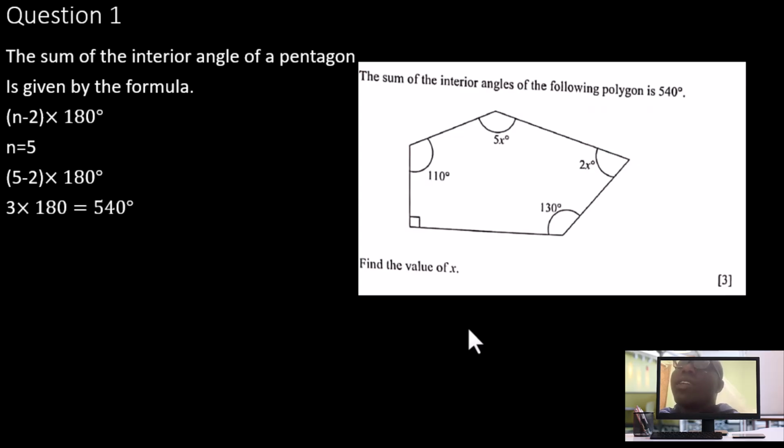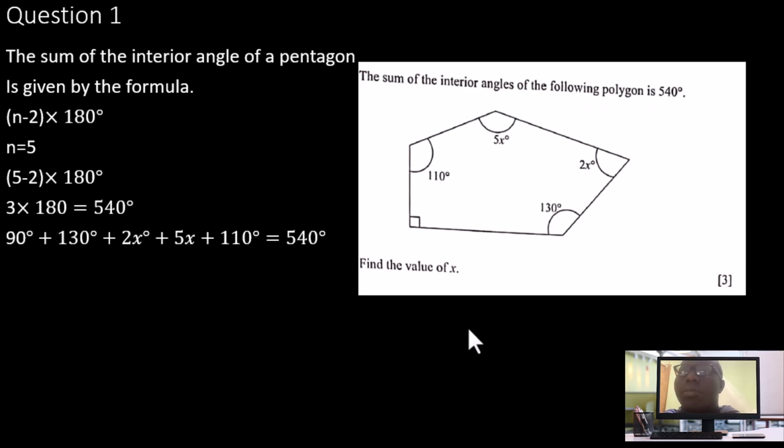This gives us 3 multiplied by 180, which is going to give us 540. So this is where the 540 is coming from.